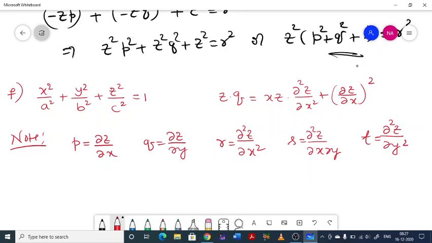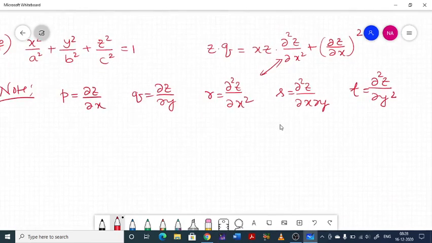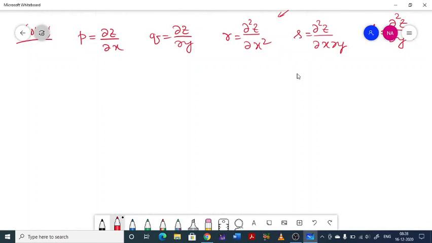You have to note this down, because here I got dou square z by dou x square. So these are the notations that we fix to write the PDE out of the given function.